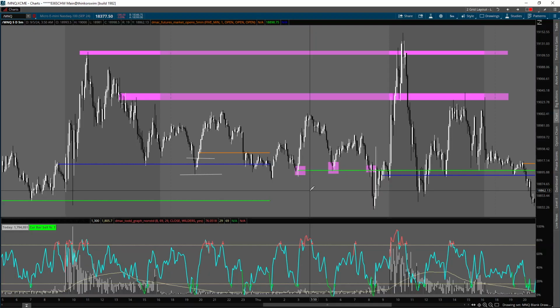Because if capital preservation in trading is your first goal, your first goal is not to win. Your first goal is not to have a fancy system. Your first goal is not to have all sorts of fancy indicators on your screen. Your first goal and your most important priority is capital preservation.